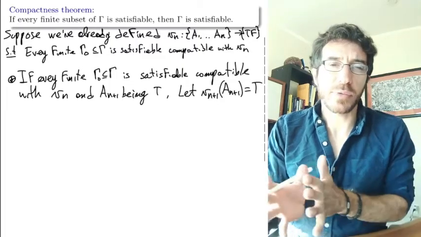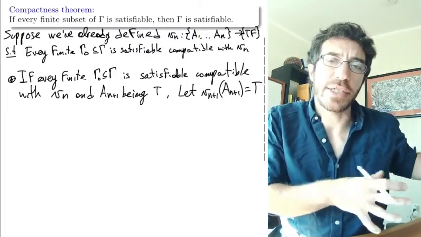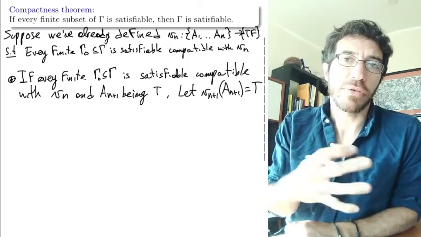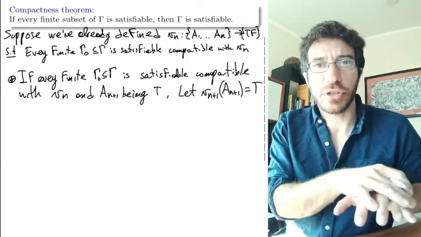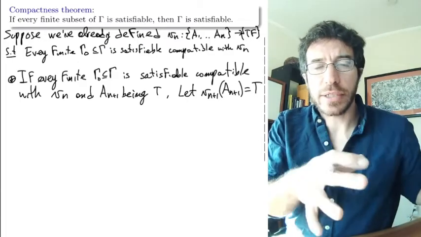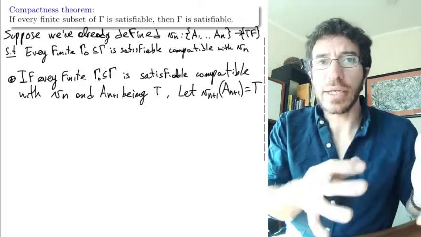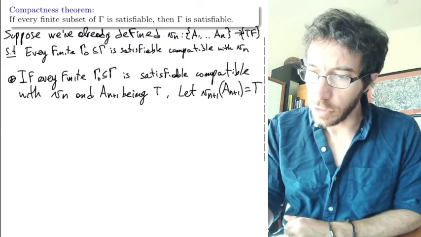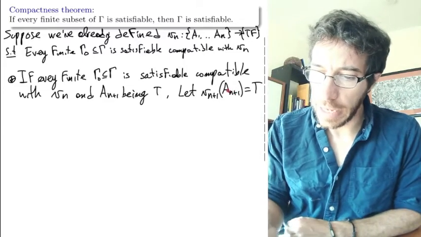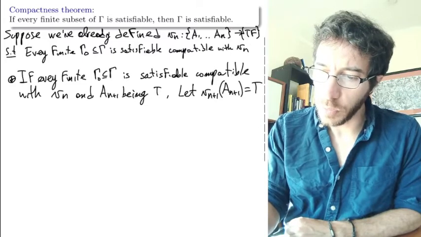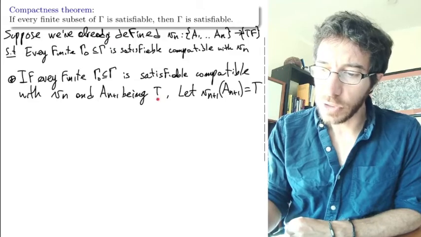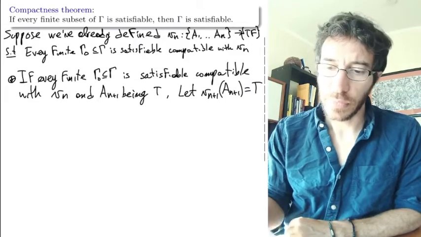And of course, for Vn plus 1, we know what the values are on the previous cases, because that's Vn. So we defined Vn already. We defined the evaluation, this truth assignment, on all the variables up to n, and now we're defining just one more. So we have all of these already. Now we need to define one more, and if it's always satisfiable, compatible with what we have so far and An plus 1 being true, then we let the new one be true.